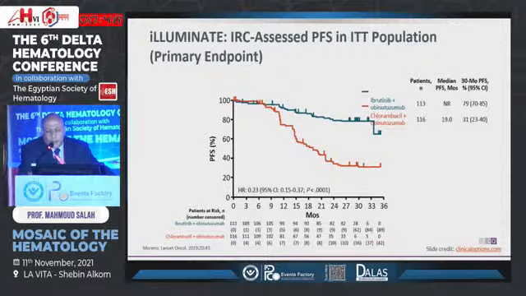survival. So the Illuminati study showed that progression-free survival in the intention to treat populations, and the emtricitabine was not reached the median progression-free survival, while in the chlorambucil emtricitabine was around 19 months.